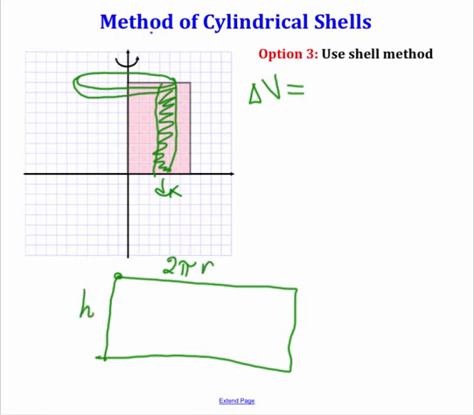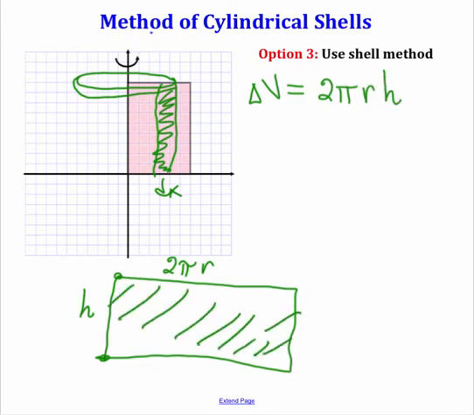This would be the height. So 2 pi r h is what you pretty much have to remember. So 2 pi r h would be the area. And then it would either have to be multiplied by dx or dy, depending on which way your shells go. In this case, it's going to be dx here.